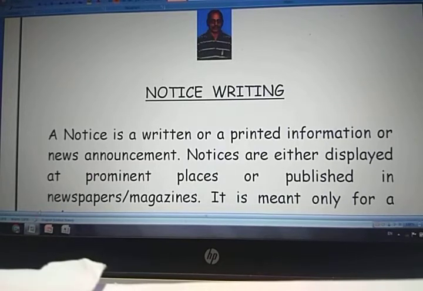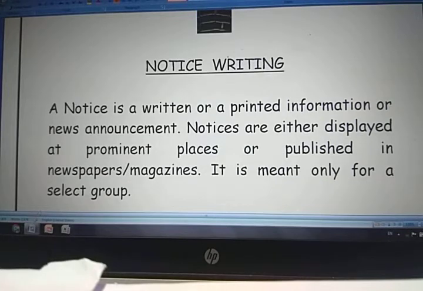So always remember, these notices are meant only for a particular group of people. Suppose if it is a college notice, it is only for either the students of the college or the teachers of that college.